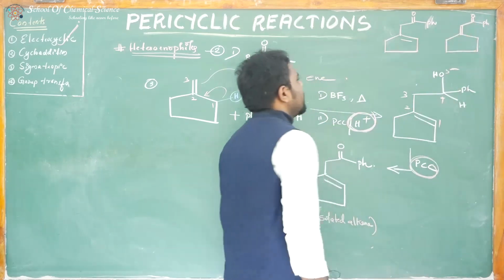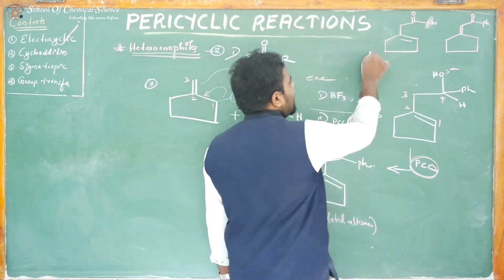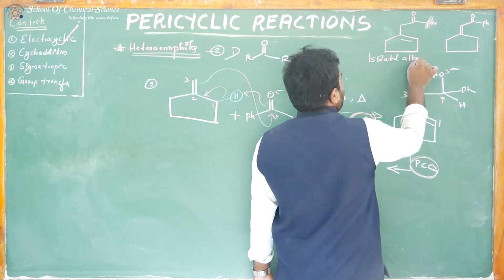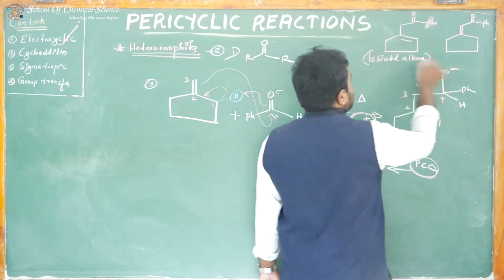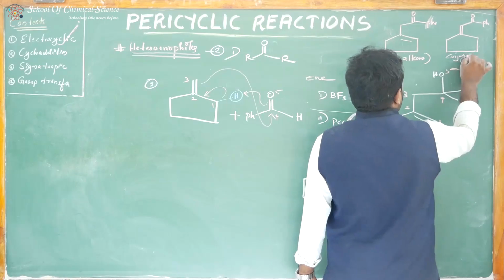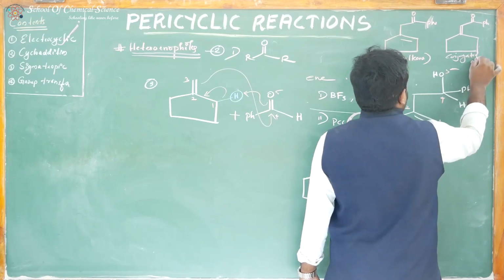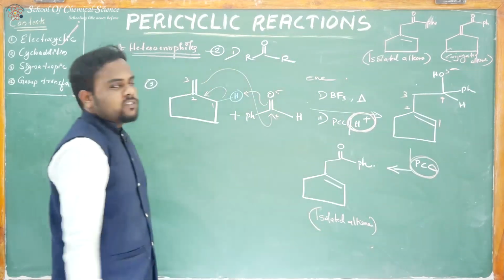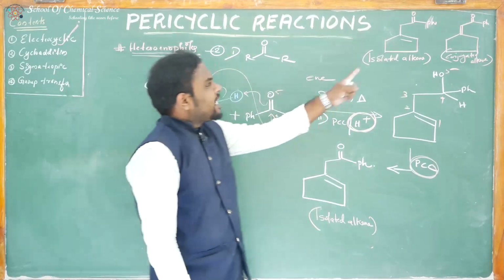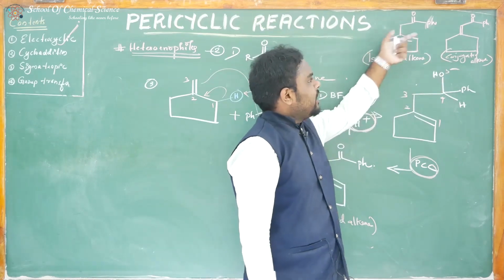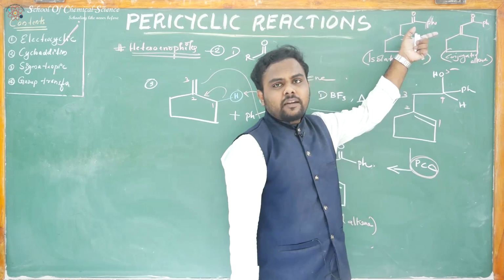The first alkene is an isolated alkene. The second alkene is a conjugated alkene. You know, a conjugated alkene is more stable than an isolated alkene because in a conjugated alkene resonance is possible. This is an alpha beta unsaturated carbonyl compound.